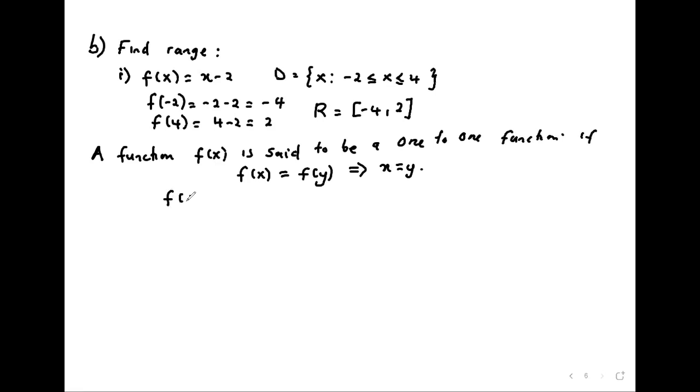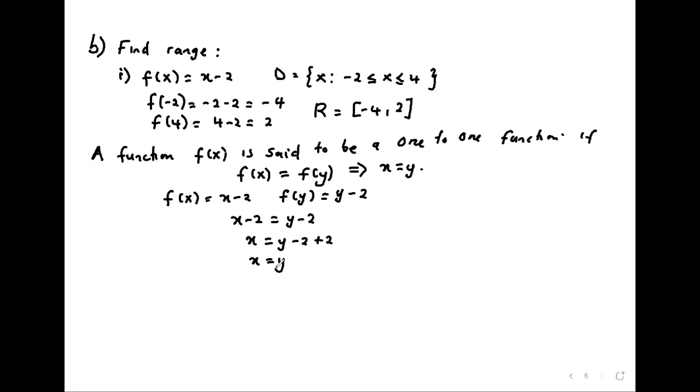So f of x is equal to x minus 2. F of y is equal to y minus 2. Now, if x minus 2 is equal to y minus 2, let's solve and see if this will mean that x is equal to y. So we take to the other side, we have x is equal to y minus 2 plus 2. X is equal to y.